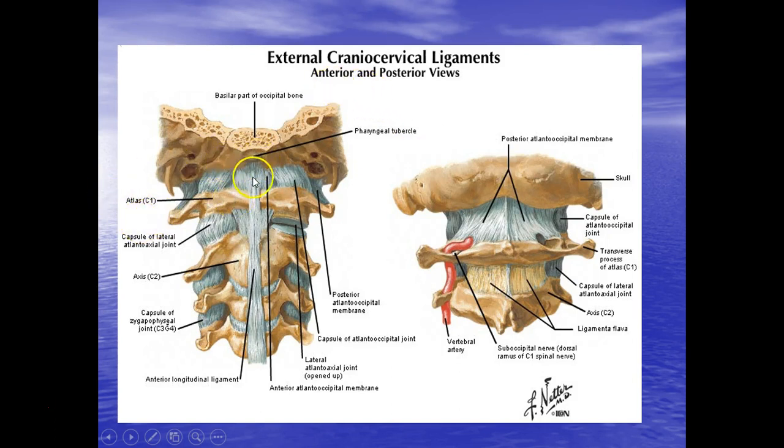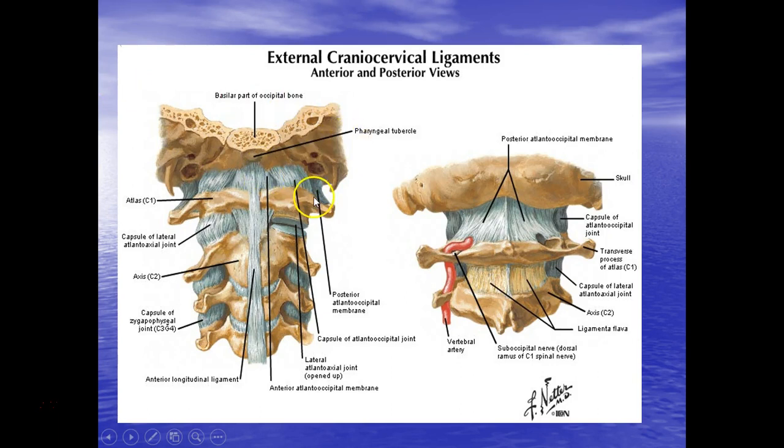In the anterior view on the left here, we're looking at the anterior arch of atlas in here, the lateral mass on each side, the TVP of atlas, the vertebral body of C2, and you can see that in terms of ligament structures, the whole bony ring of the atlas, there's a membrane which extends from the superior surface of the atlas on the anterior arch up to the inferior surface of the foramen magnum on both anterior and posterior arches, and this ligament structure is known as the atlanto-occipital membrane.